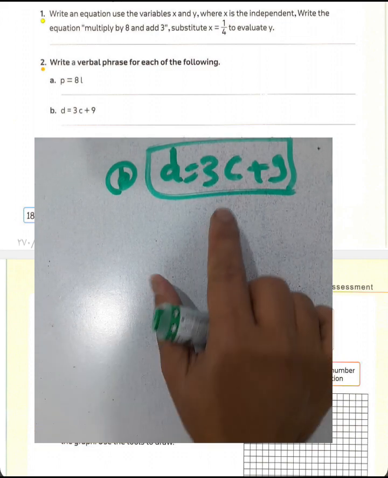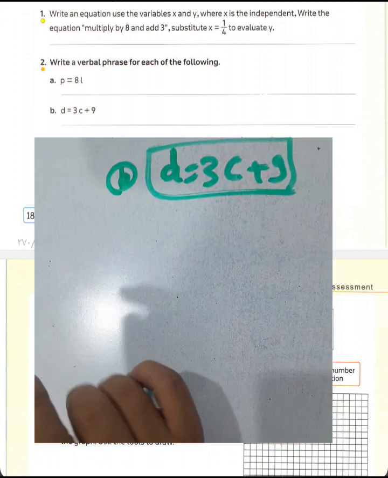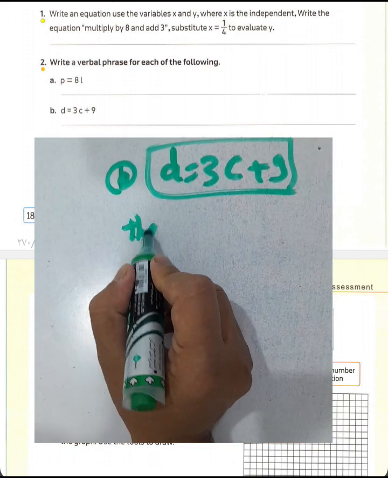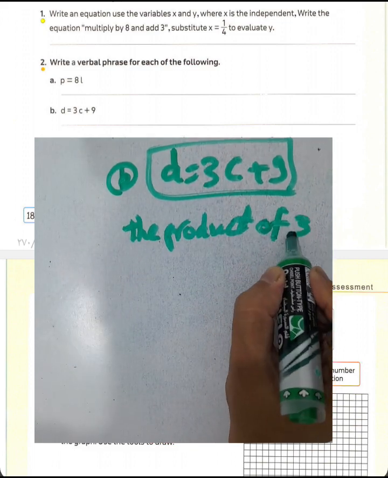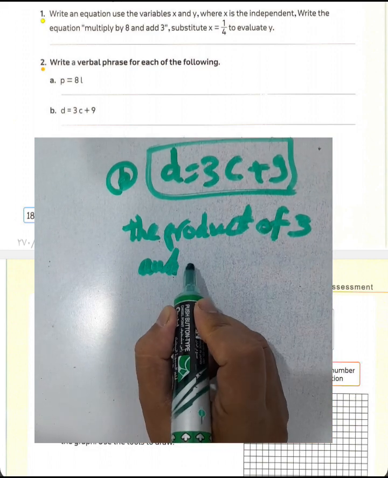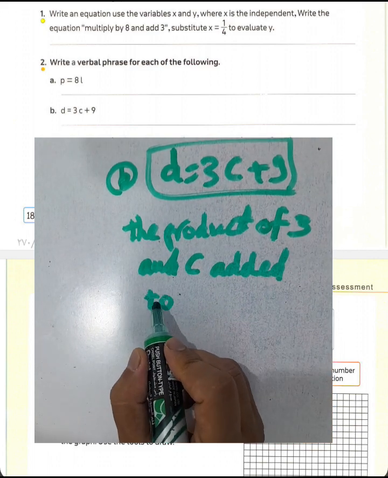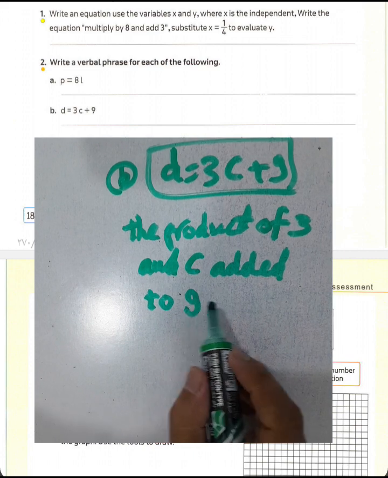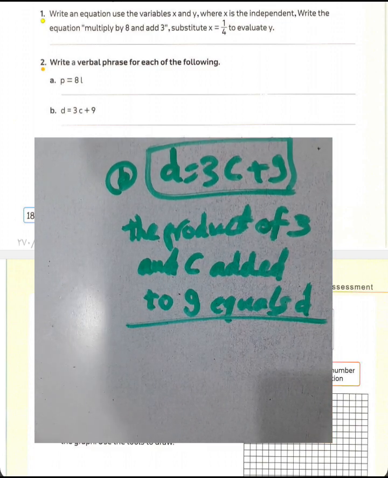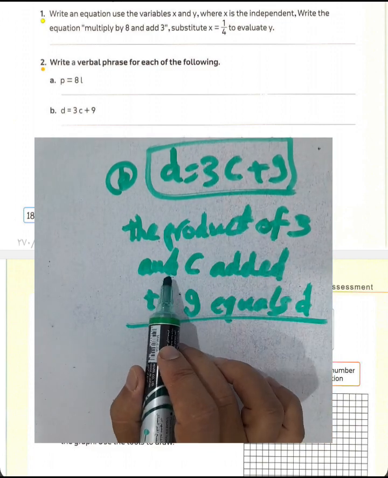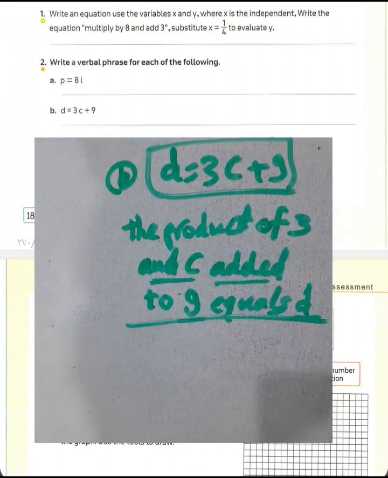We can write: the product of 3 and C plus 9 equals D. Again, the product of 3 and C plus 9 equals D.